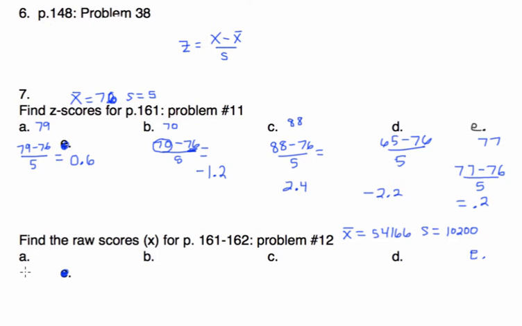So I want to find if the z-score was 2, what was your original data value? Well, if I know that my z-score is 2, that means I'm 2 standard deviations above the mean. So you take your mean, and you add on 2 standard deviations, or 2 times 10,200.